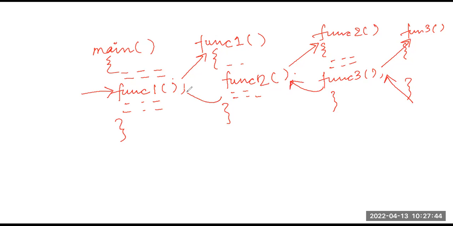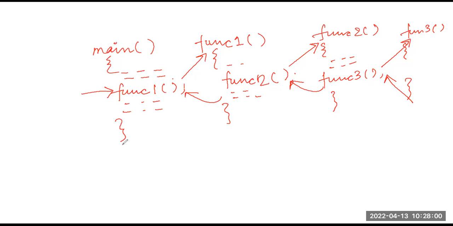After everything is executed, it will return back, and then the statements below function 1 in the main are executed and the result is obtained. So this is the example of how you can call different functions from other functions as well.